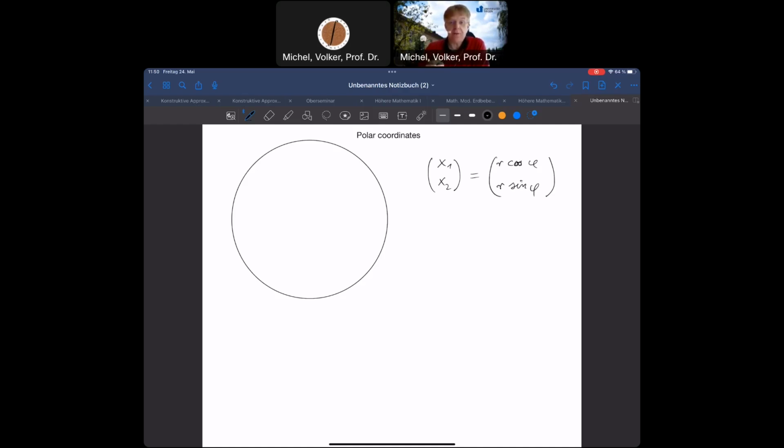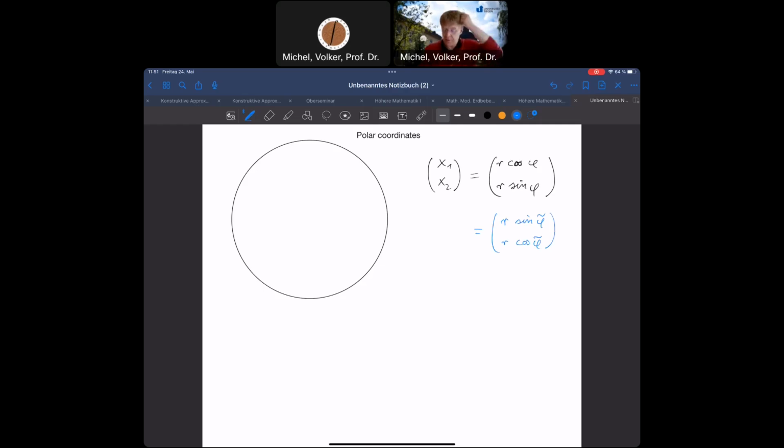So always be careful if you look up any formula using polar coordinates in the literature, or if you use data given in polar coordinates by some other people, always check which particular system they use. And you already have that in 2 dimensions, because you can also do that in a different way. I will write that down here. In the alternative way, what you can also find is r sine phi tilde and r cosine phi tilde.